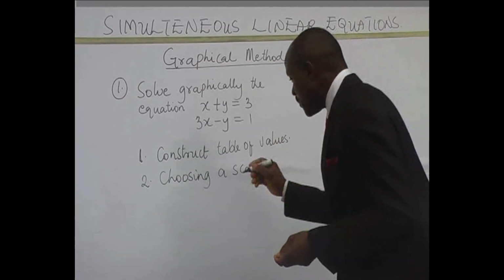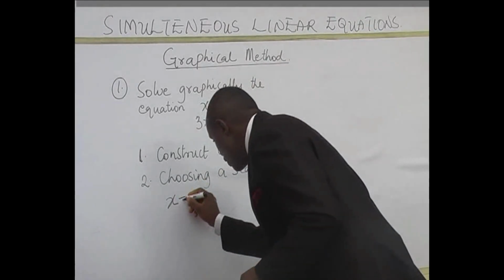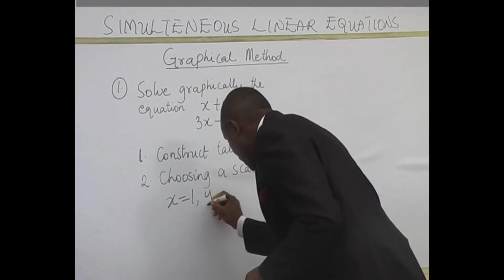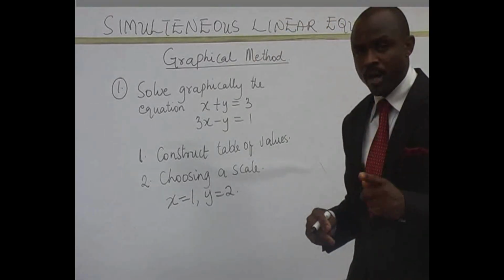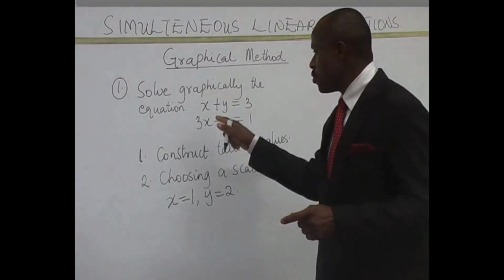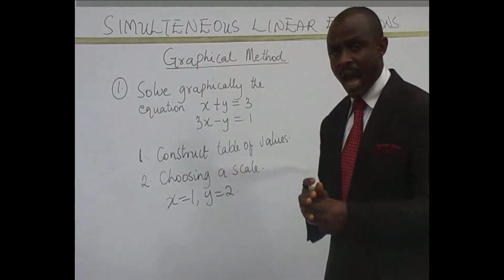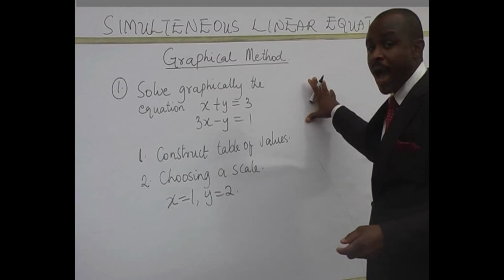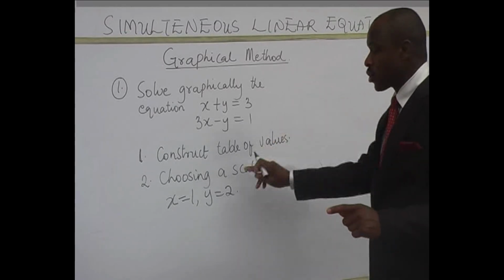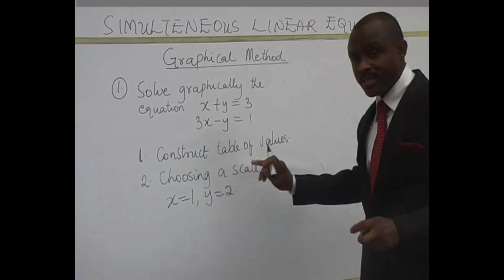Now we are going to use our graph book. I'm going to paste a graph paper on this whiteboard where I'm going to plot after the construction of our table of values and choosing the scale.